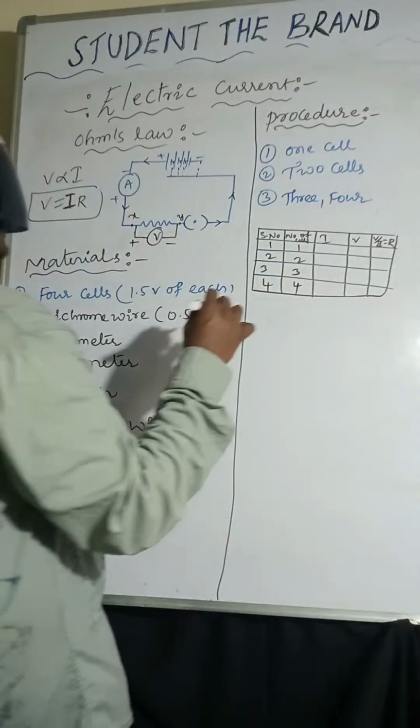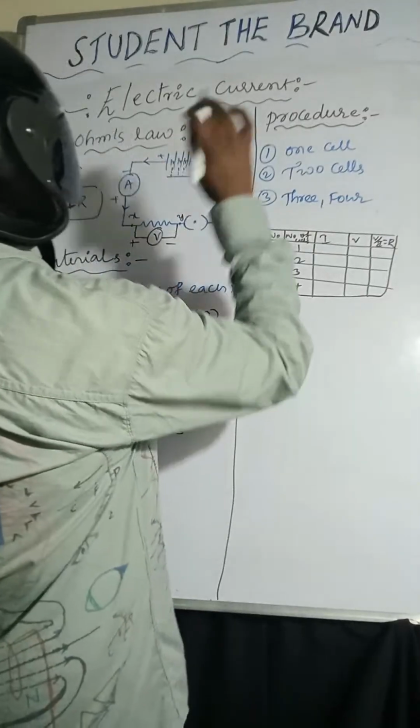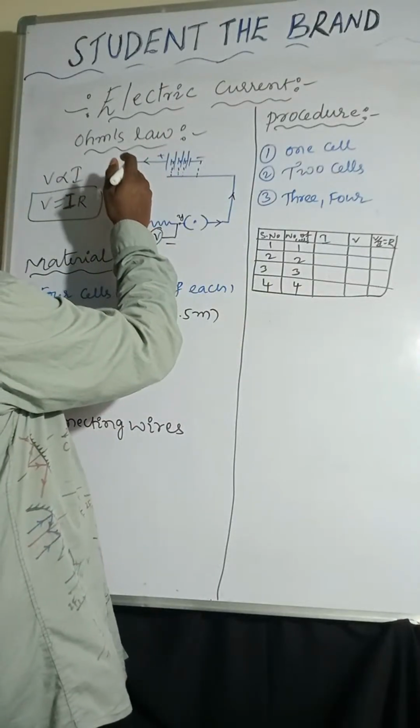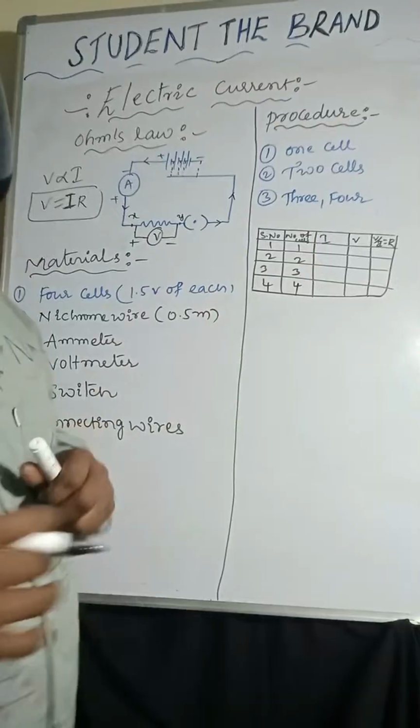Okay, now, so you can see here. In the procedure, first connect one cell and note down the reading of ammeter and voltmeter, and connect two cells.